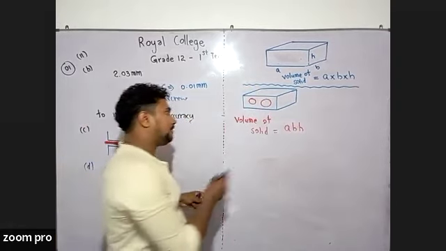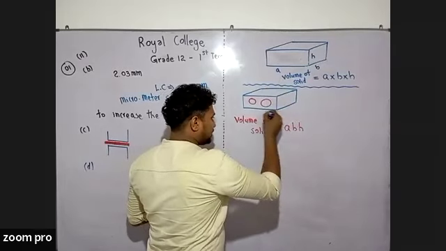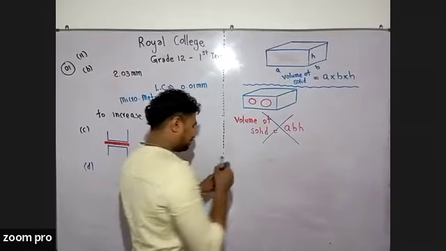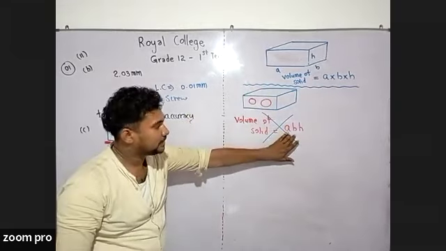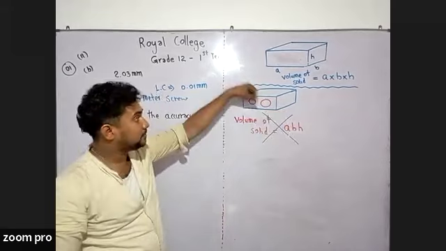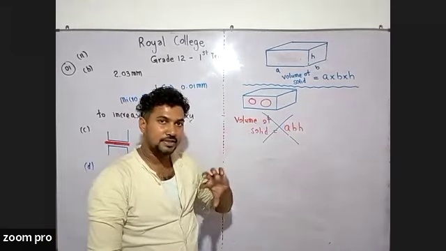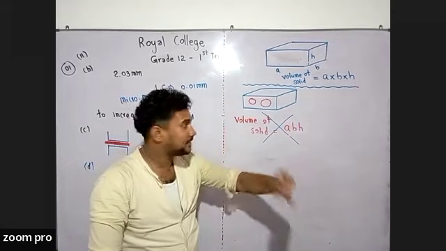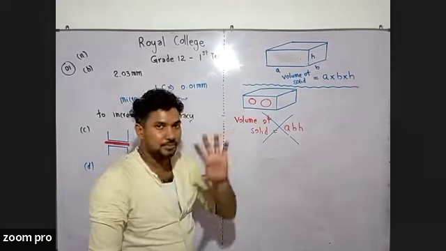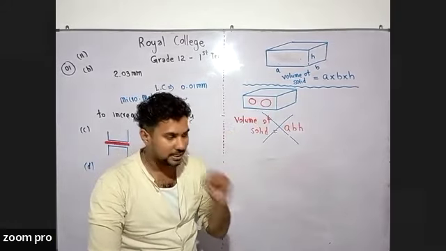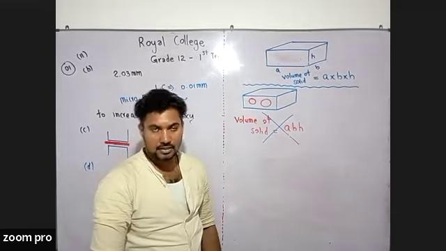No, this cannot be considered correct, because there's an air trapment. So due to the trapping of air inside the cuboid, the volume of the metallic part is less than this amount.